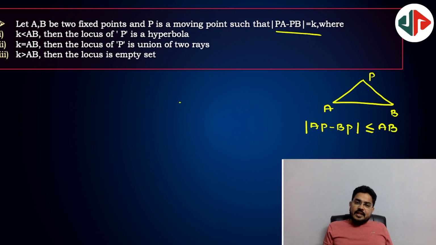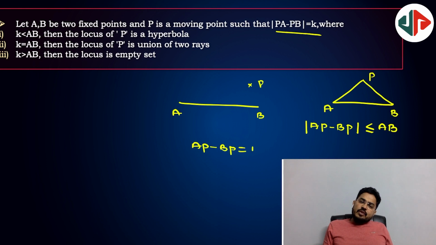Here A is here, B is here, P is a point here. AP minus BP is equal to K, where K is less than AB.